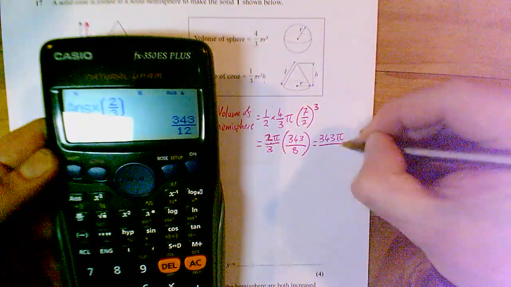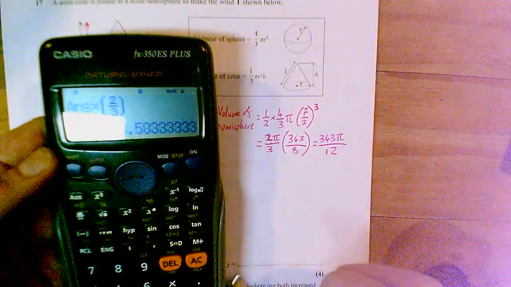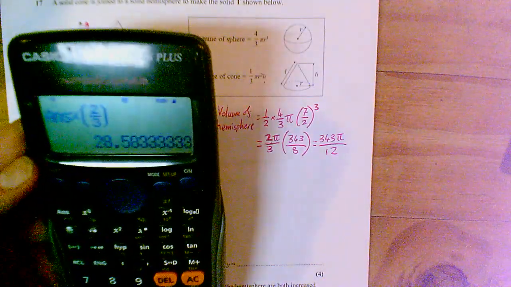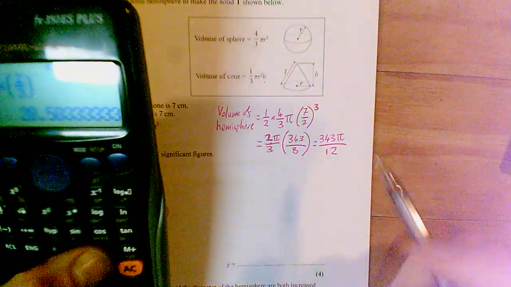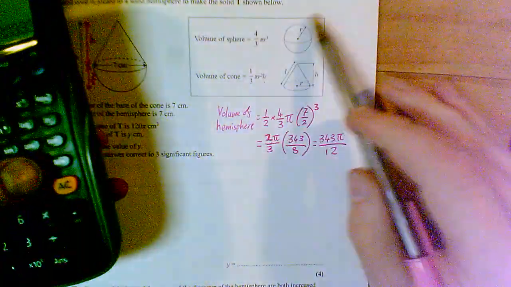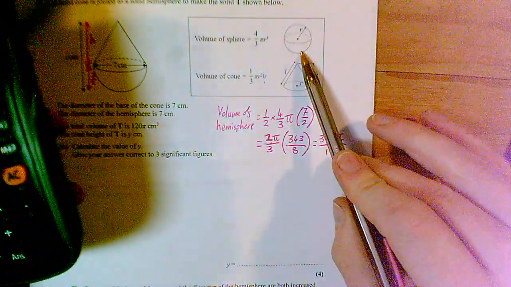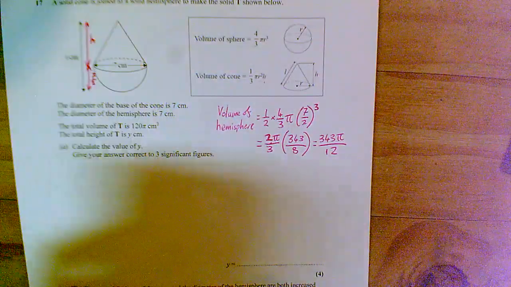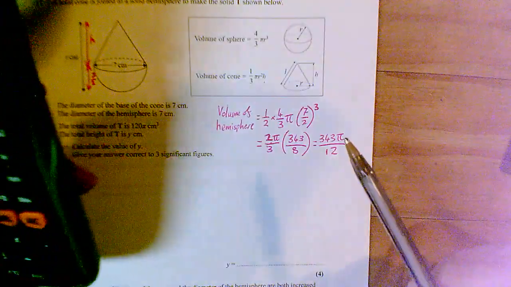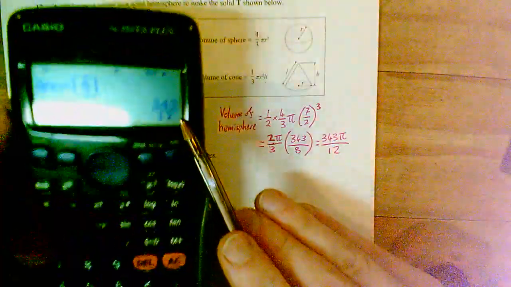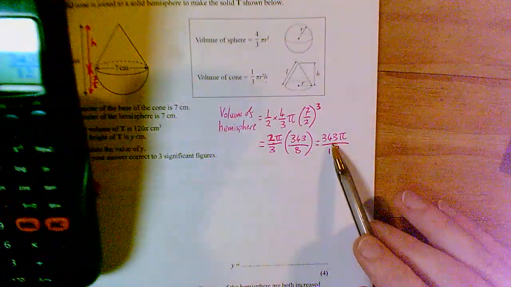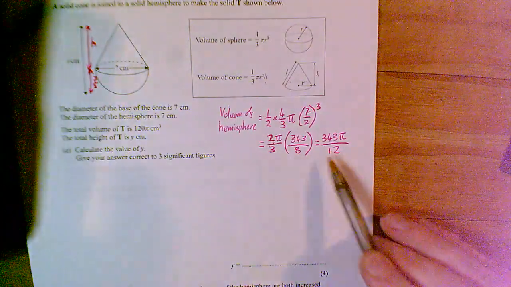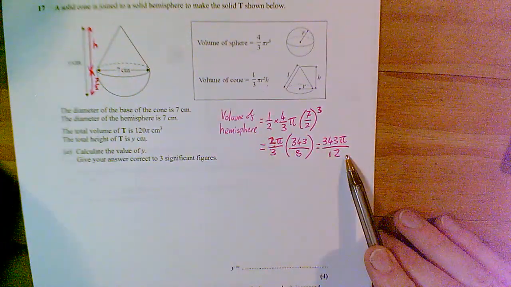It's an ugly number, but you could have just got that as 28.5. Sorry, just took a moment because I realised that was wrong. It's this times pi, so it's roughly 90 is the volume of the hemisphere. Right, so volume of the hemisphere, great.